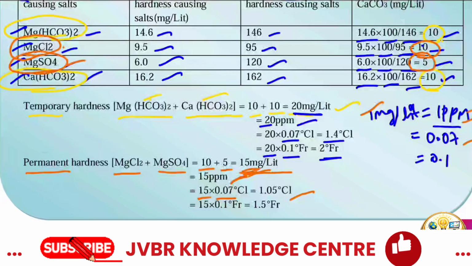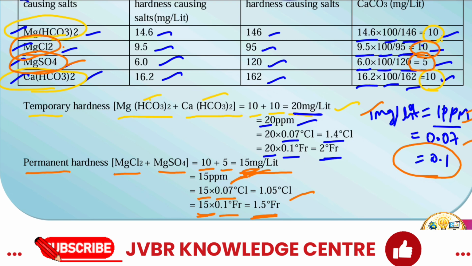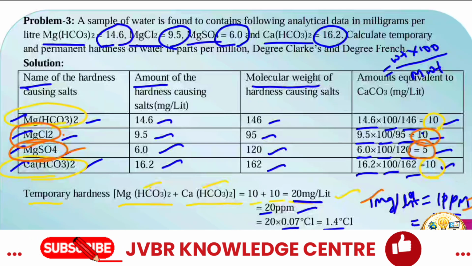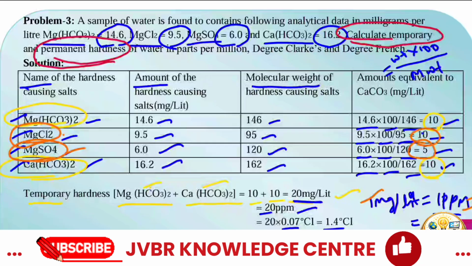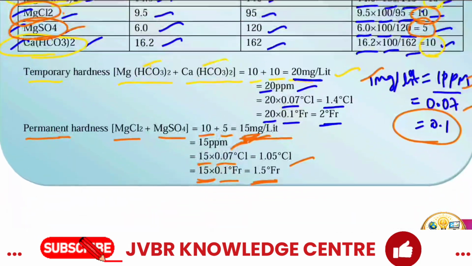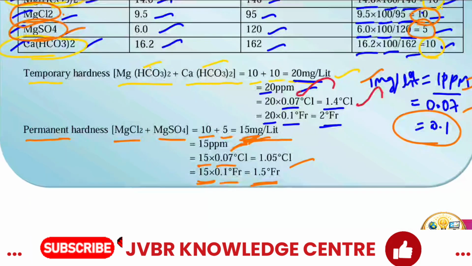And 1 ppm is equal to 0.1 French degree, so that is equal to 1.5 French degree. In the question, they asked to calculate temporary and permanent hardness of water in parts per million, degree Clarke's and French degree. So that is the reason for conversion of milligrams per liter into ppm, Clarke's degree and French degree.